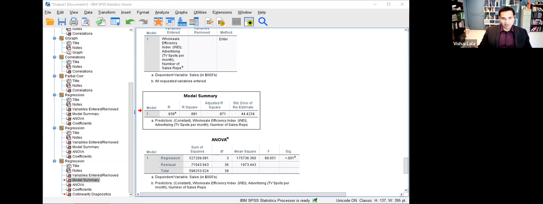It is like a percentage measure or an index from 0 to 1. It's not in the units of the dependent variable or outcome variable. An R squared of 0.881 does not mean that we are 88.1% correct in predicting what sales is.